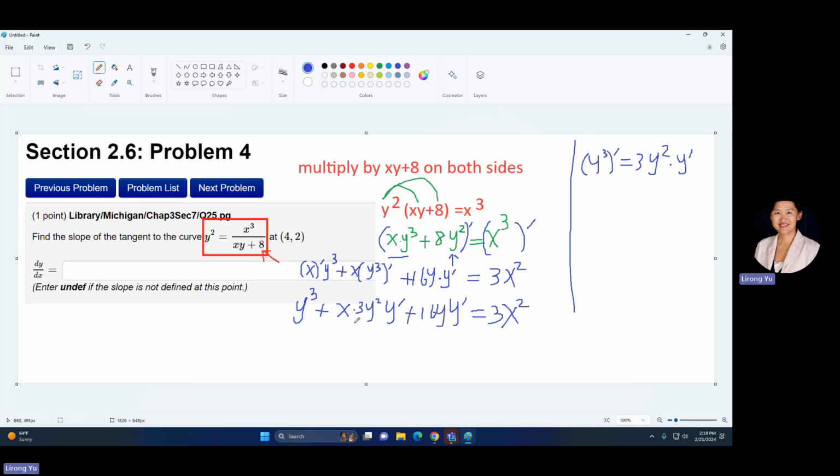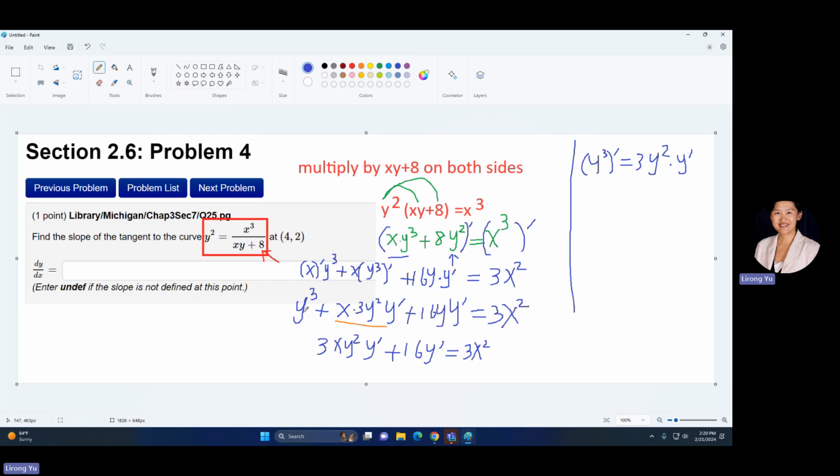So what we have left is going to be, I have a habit of moving the number, so let's move the number to the front. So that's 3xy squared y prime. That's this term. And then this one was okay. This one we have 16y prime. It becomes the first term, so I start writing a plus sign, which is then equal to 3x squared.